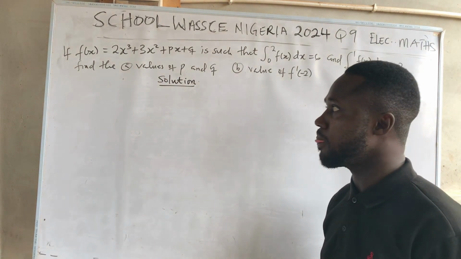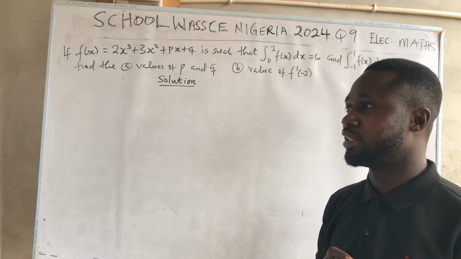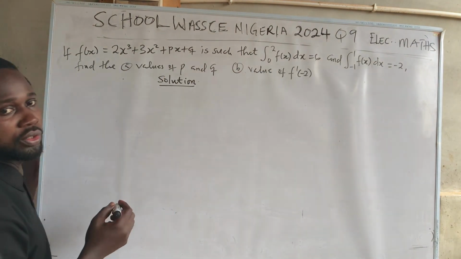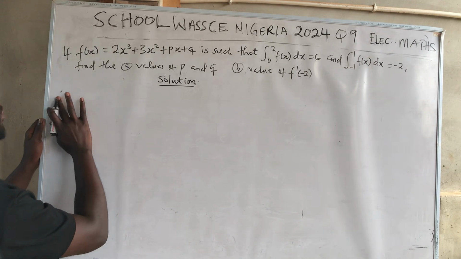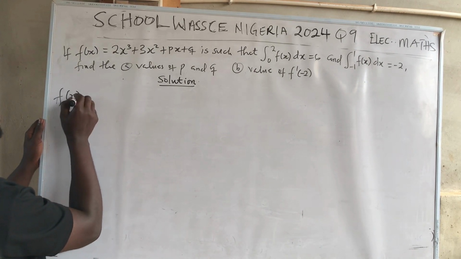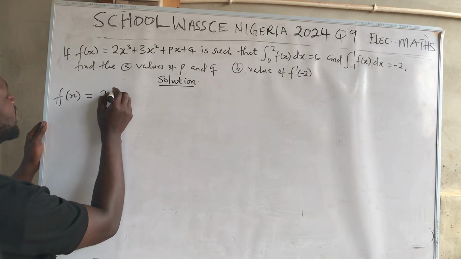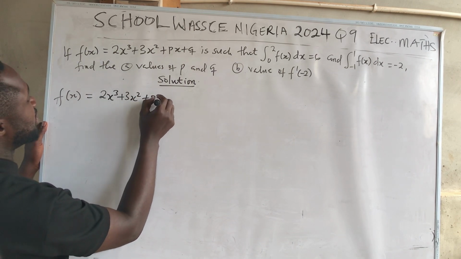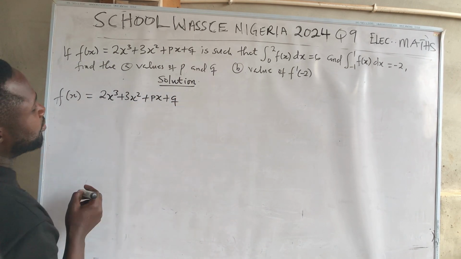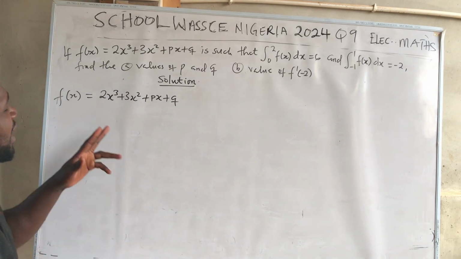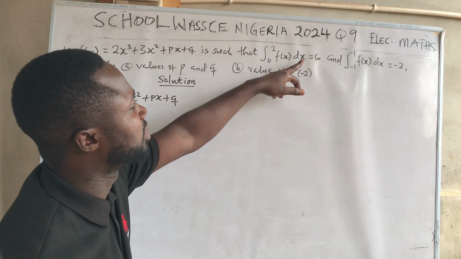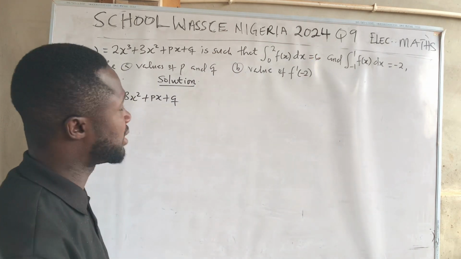Alright. So now let's go to part a quickly, and then move to b, and let's see how we are going to solve our question. So we're given what? We're given f of x to be equal to 2x cubed plus 3x squared plus px plus q. And they say this is such that the integral of this function, with limits 2, 0, will be equal to 6.